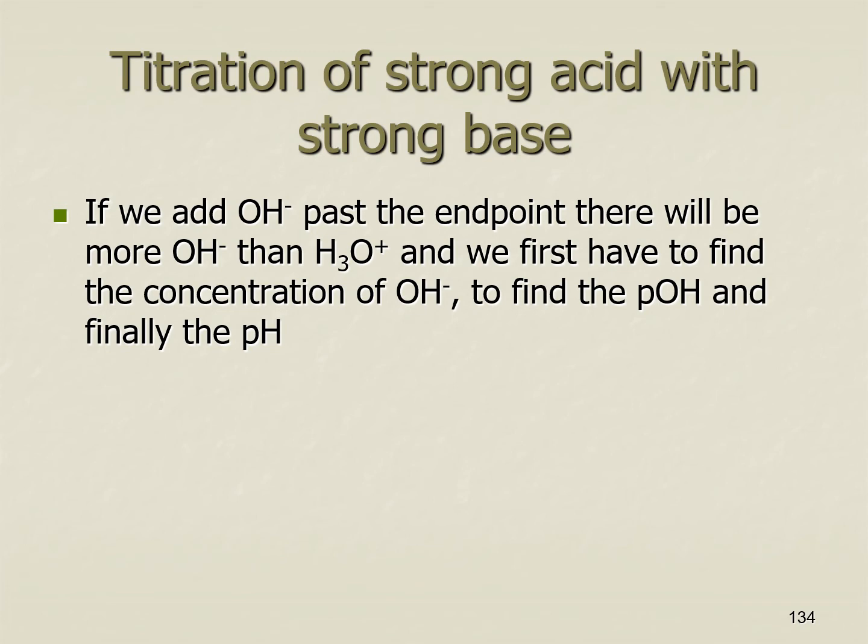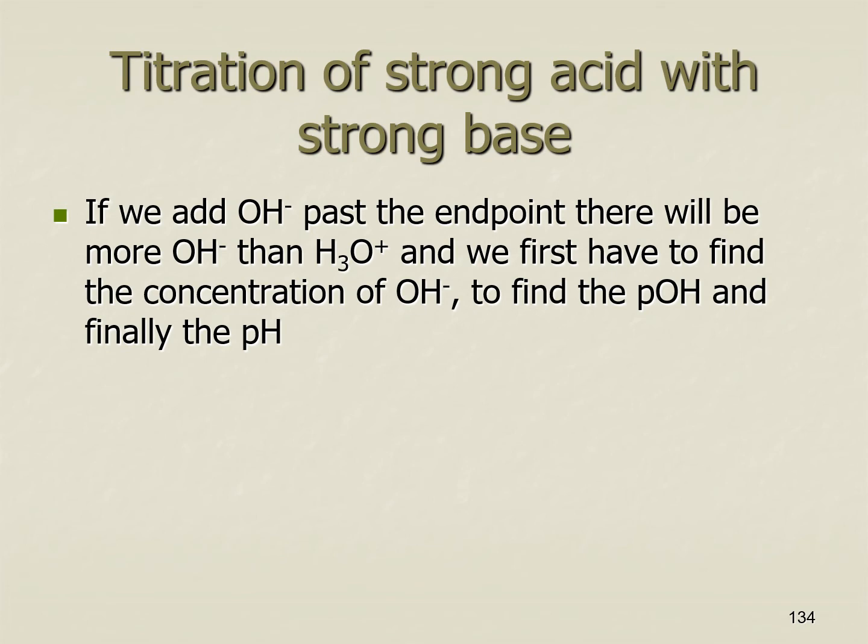So what if in that previous problem we had added 30 milliliters of NaOH? Then we would have had an excess of OH negative. You still go through the same process. You would have 0.030 moles of OH negative. You would subtract the 0.025 moles of HCl.